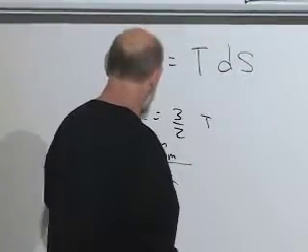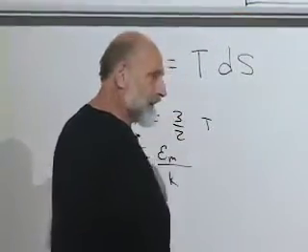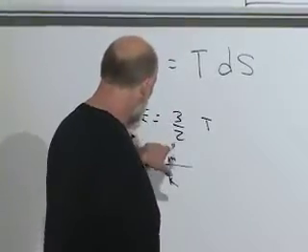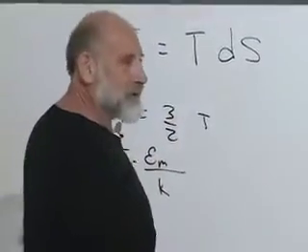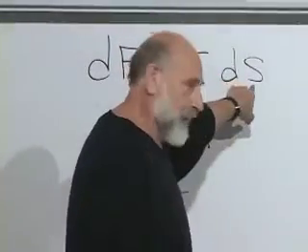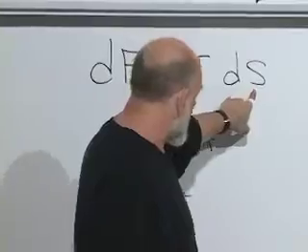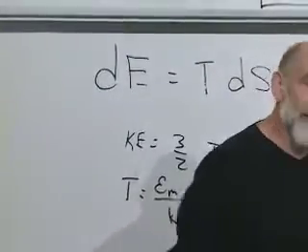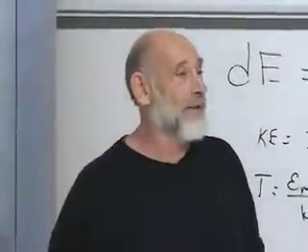Once you say temperature is measured in units of energy, entropy becomes dimensionless. Why? It's the logarithm of an integer. How could it have dimensions?